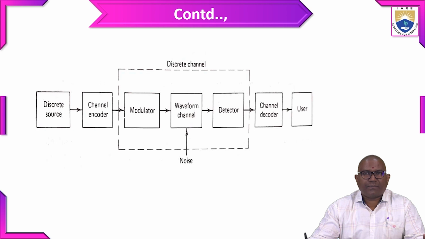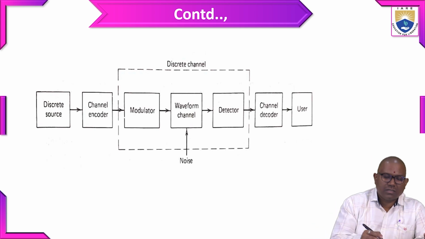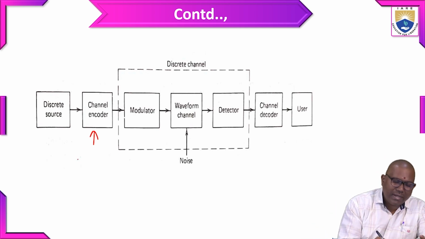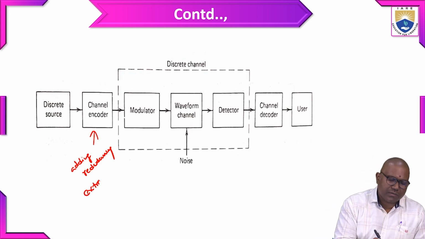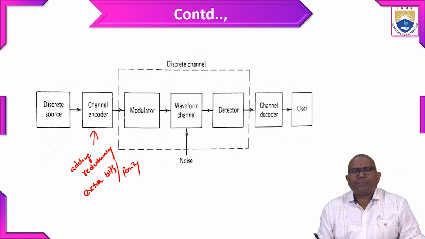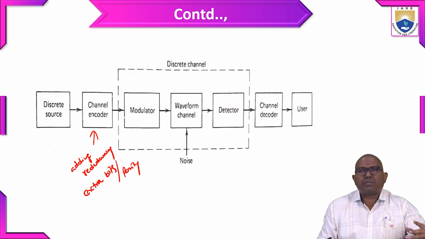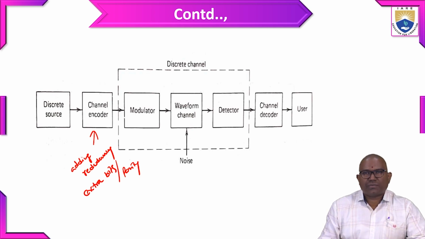The channel encoder's duty is adding redundancy, meaning extra bits, also called parity bits. Some additional bits are added to this discrete source, and the total bit sequence is modulated and entered into the channel.